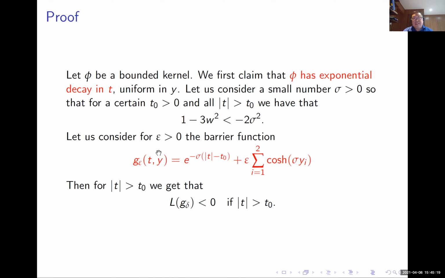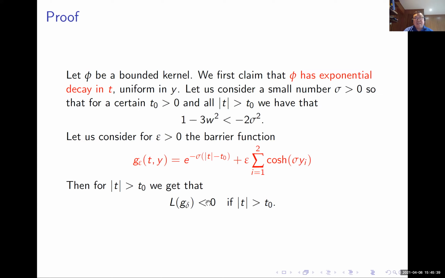So this is a barrier. You take an exponential decay in one direction, but in the other directions you take exponentially growing functions. So this will control the other directions. And then you can check that these are solutions.